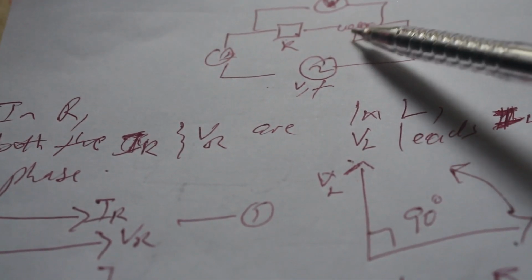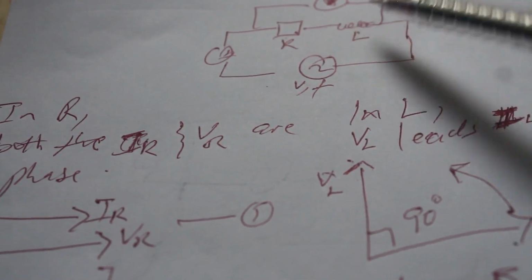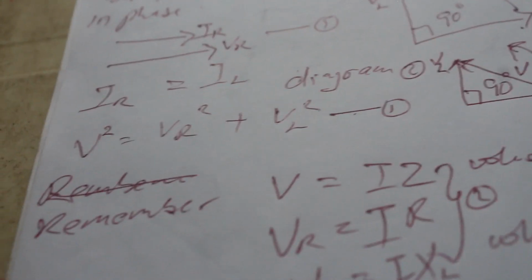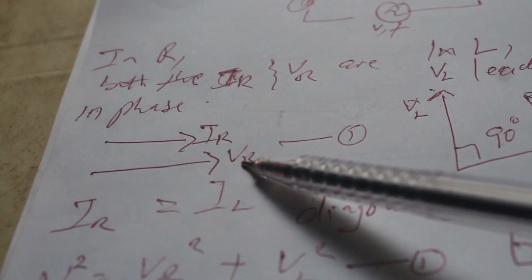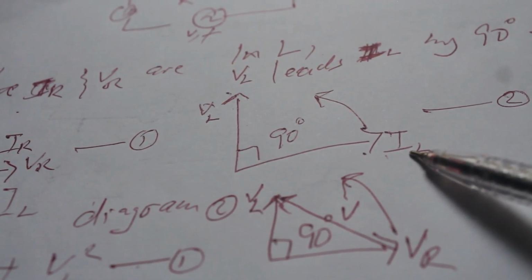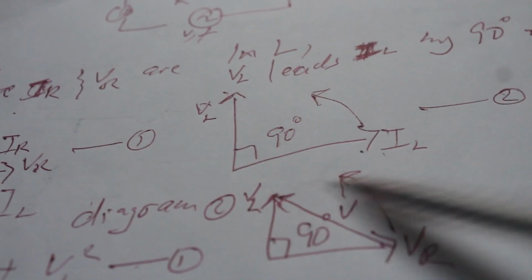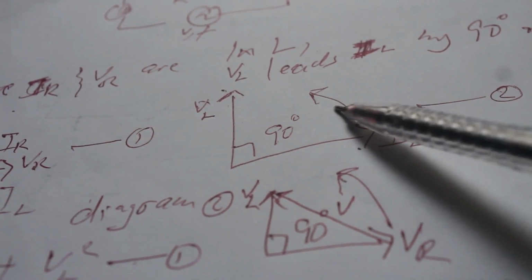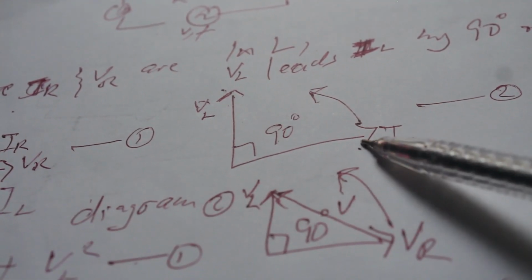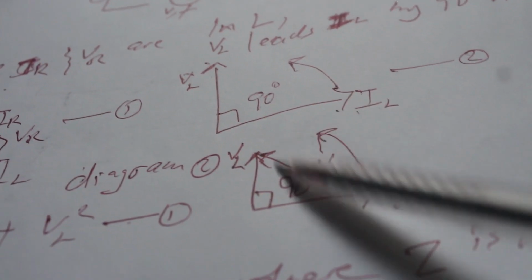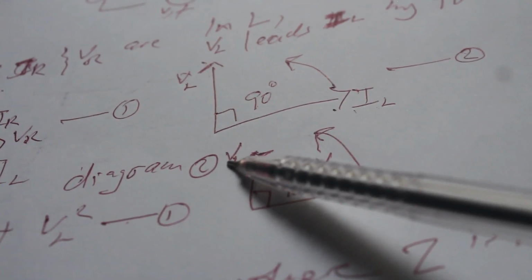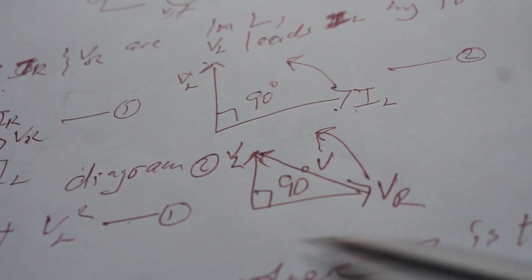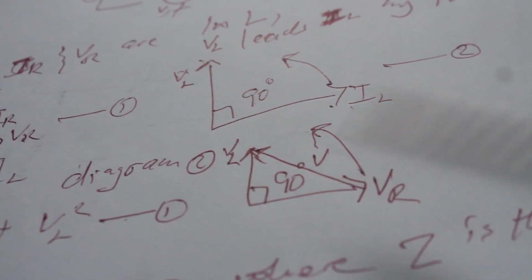If they were connected in parallel, then different amounts of current would pass through them. Since that's the case, VR will be in the same direction as the current in the inductor. When you put the two vector diagrams together, you will see that the voltage across the inductor leads that over the resistor by 90 degrees.